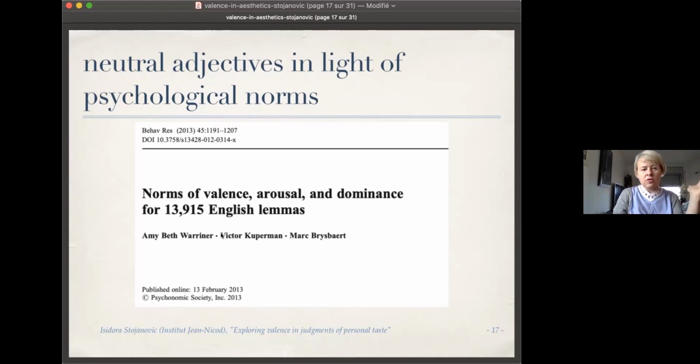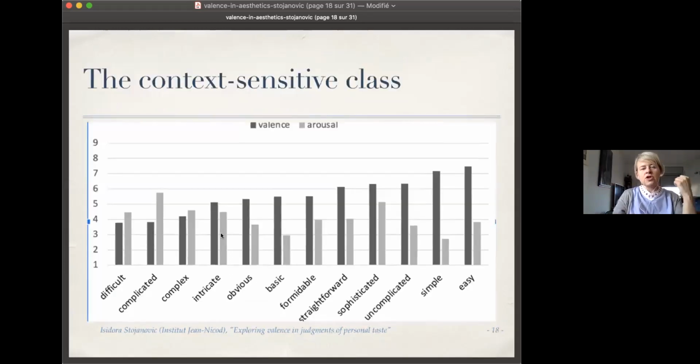What we use these norms for is to confirm, as it were, that these neutral adjectives are neither clearly positive nor negative.